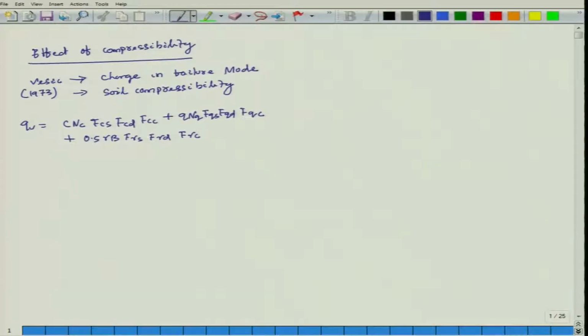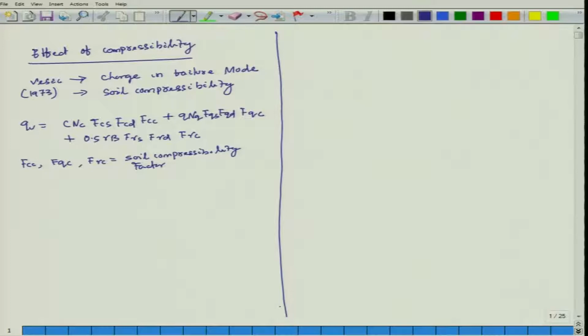Now, this is what he has given considering your soil compressibility. Now, Fcc, Fqc, F gamma c, these are your soil compressibility factors.